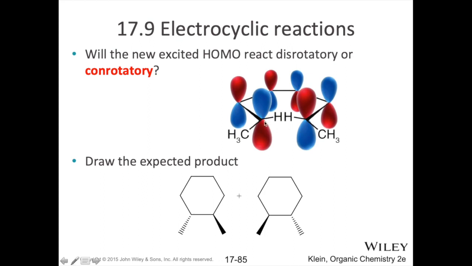If one of these methyl groups was pointing inwards, and you did a conrotatory rotation, you'd get a cis product. Likewise, with this starting reactant where these methyl groups are pointing outwards, if you do a disrotatory rotation, you would also wind up with a cis product, not the trans product as we see here.